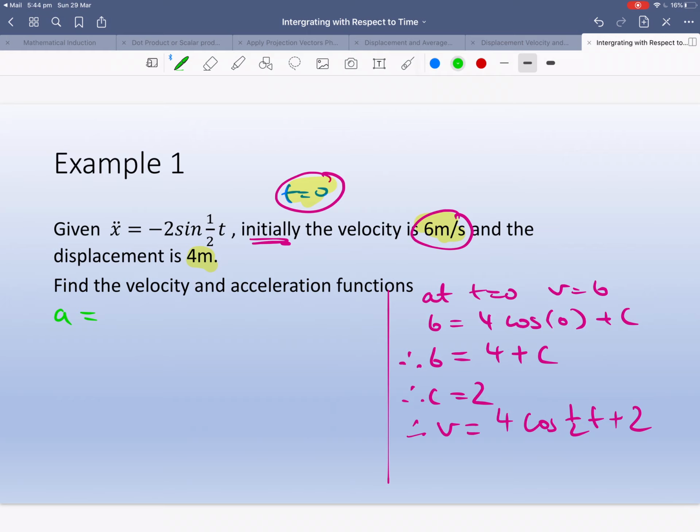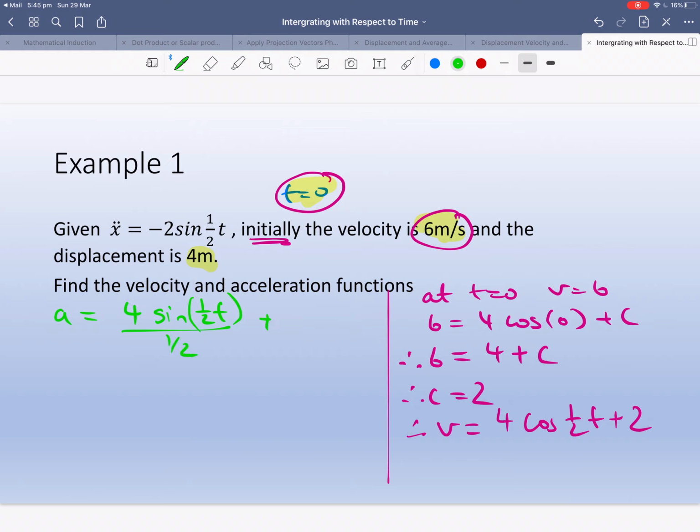Displacement will be the integration of cos. Now the integration of cos is positive sine, so we don't have to worry about anything. So we're going to go 4 sine. Remember, this stays exactly the same, the half t. But we're going to divide by the derivative inside of that, so that's a half.